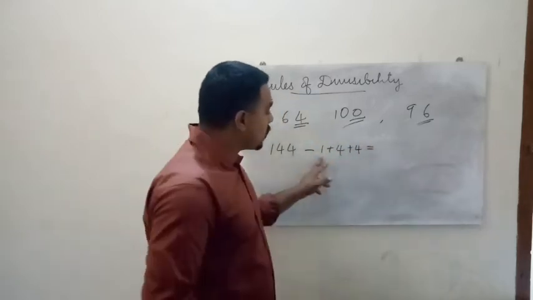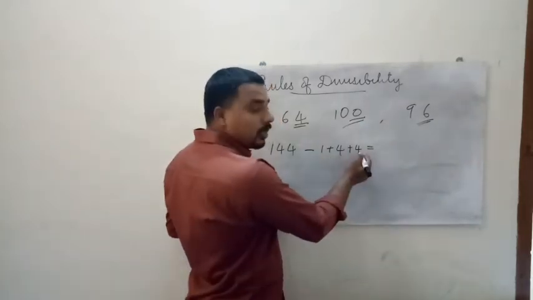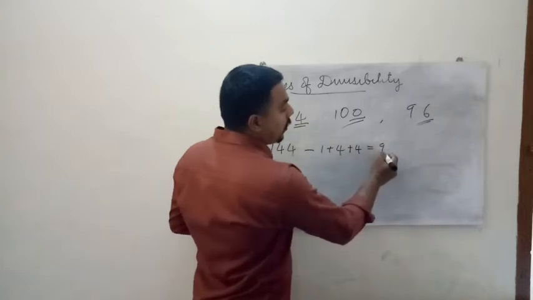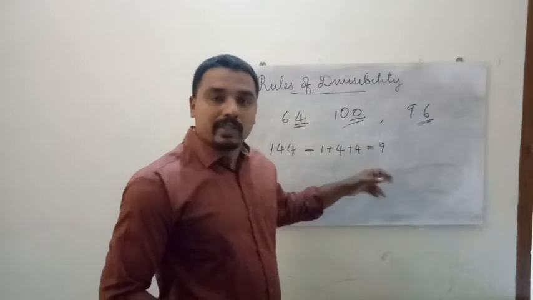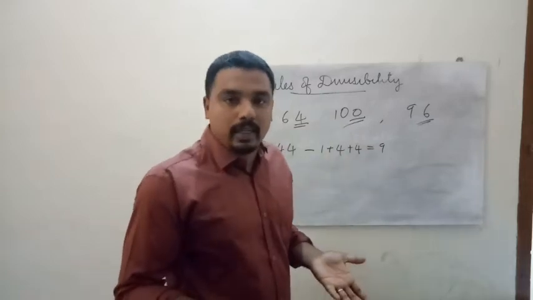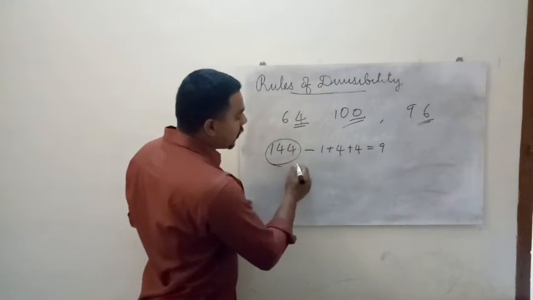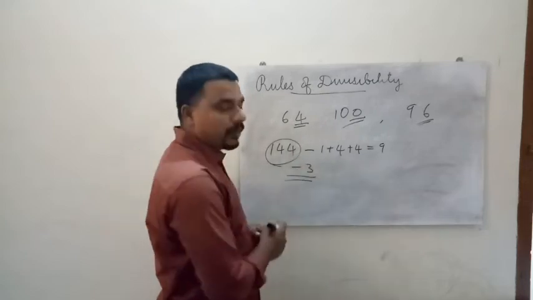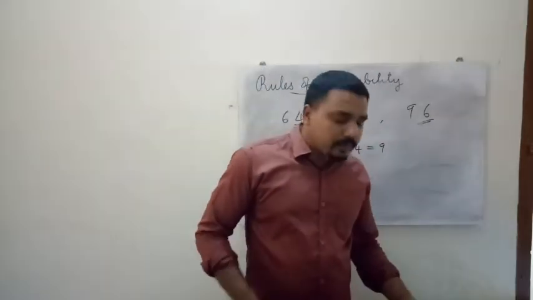What is the sum of these 3 digits? 9 only. 4 plus 4 is 8, plus 1 is 9. So 9 is exactly divisible by 3. 3 3s are 9. So 144 is exactly divisible by 3. Clear?